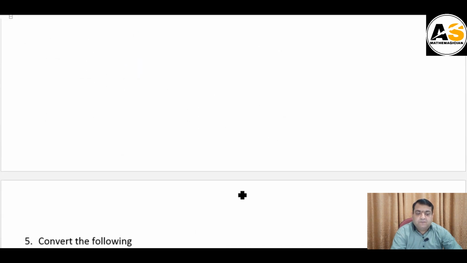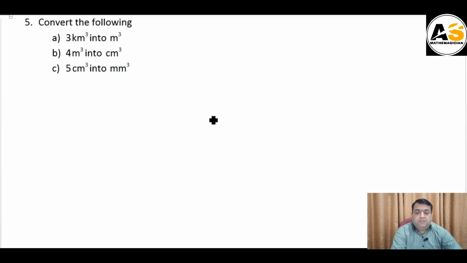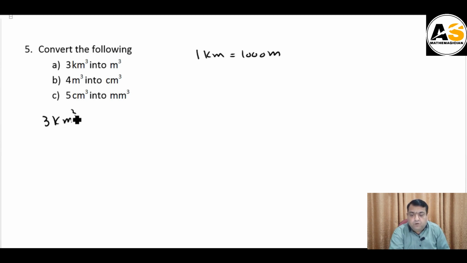Same sort of question. Question number 5. Now we are going to convert cubic units from one to another. Kilometer cube to meter cube. We need to keep in mind 1 kilometer is equal to 1000 meter. 3 kilometer cube will be equal to 3 multiplied by 1000 cube.